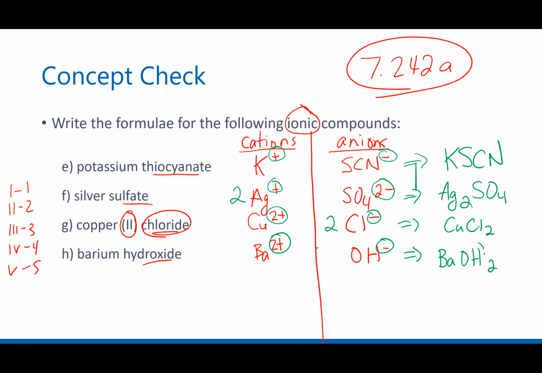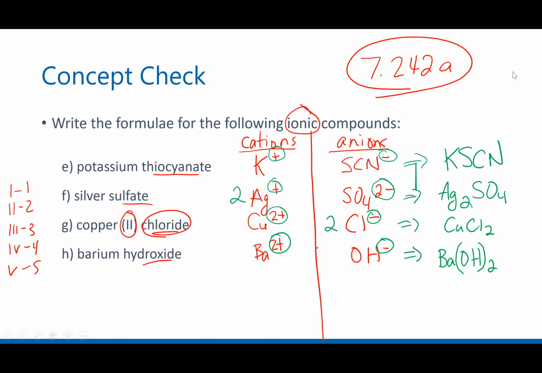I want to make sure that the 2 is for the whole polyatomic ion group. So I put a bracket around it and a 2 there, and I'm done. That is how to write the formulas for the names. And that's 8 examples now. We did 4 yesterday and 4 today. So before I move into the last topic, does anyone have any questions on this?